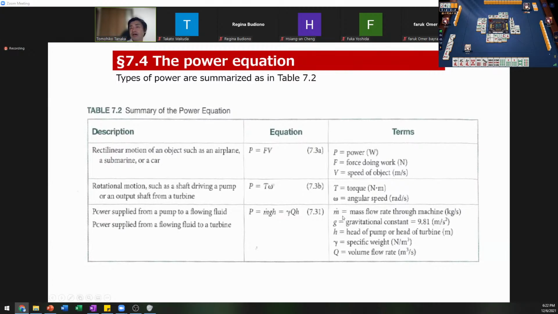M dot is the mass flow rate through the machine, and g is the gravitational constant, 9.8, and H is the head of the pump or head of the turbine. We will cover that later. And also gamma is the specific weight, and Q is the volume flow rate. Okay.